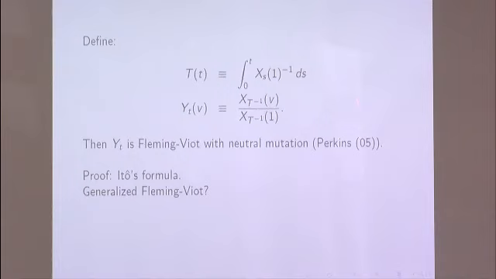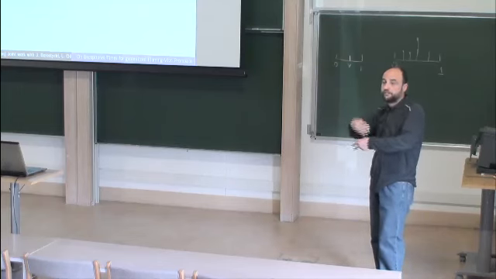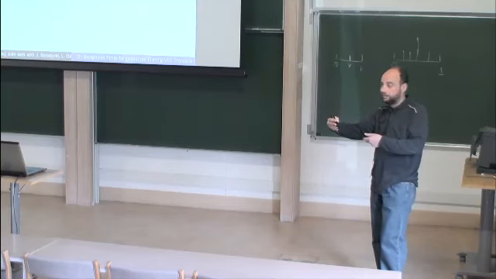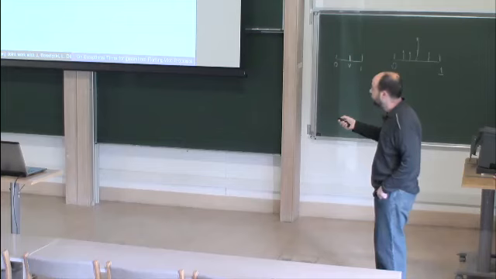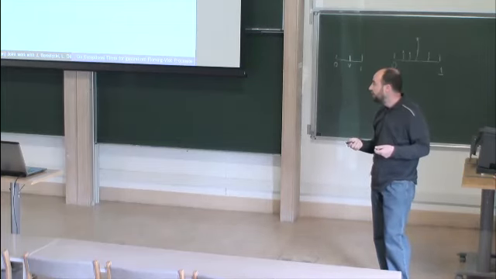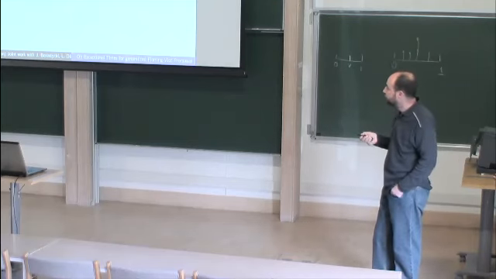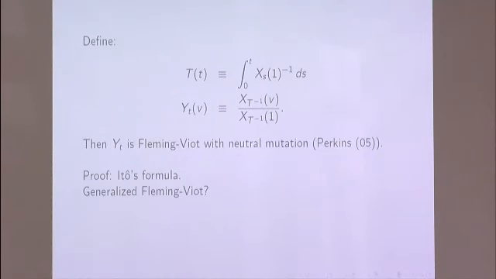We define this time change, then we rescale process X by its total mass, which gives us the probability measure. Substitute the time-changed inverse of t given by t, and one can in fact easily check that this Y_t is Fleming-Viot with mutation.